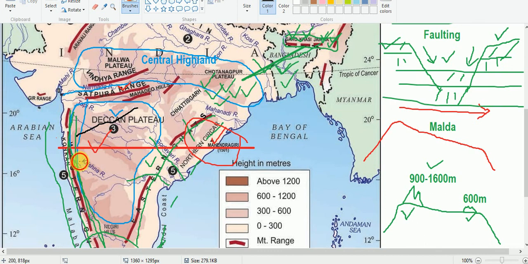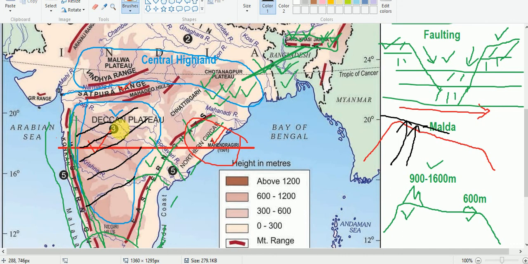So many long cracks were there, and the lava, the hot molten material from the earth's interior, was rising upwards and spreading in different directions, spreading over this whole area. It was known as fissure eruption.